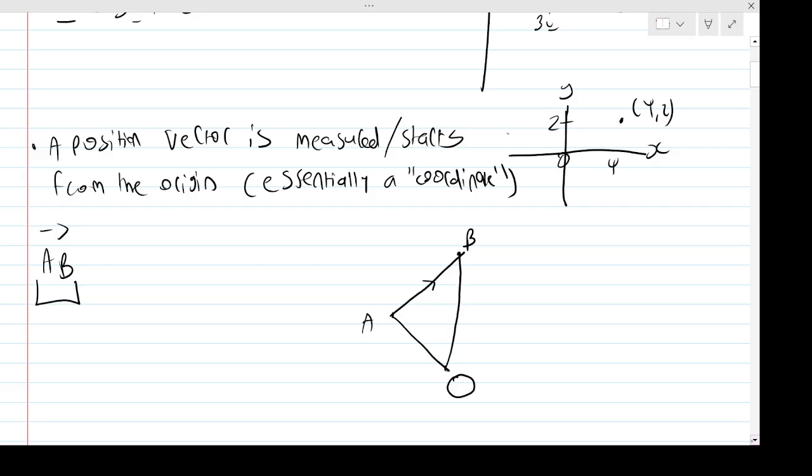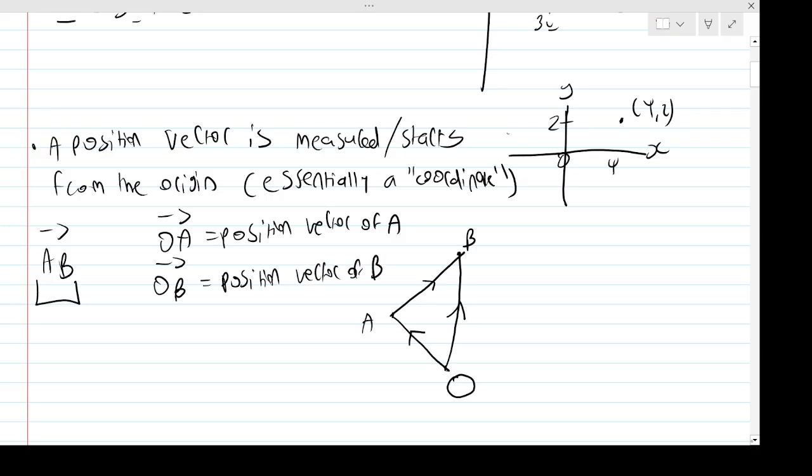A and B are points, so I can consider the position vector from the origin to point A, and the position vector from the origin to B. So OA, the vector from the origin to A, is the position vector of point A. And likewise, OB is the position vector of point B. So it's basically the coordinates of A and B.